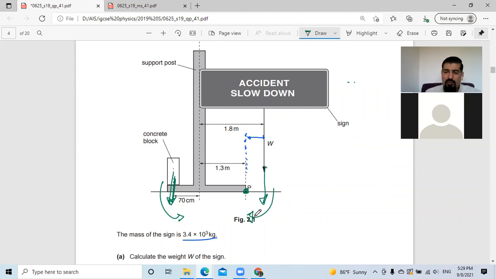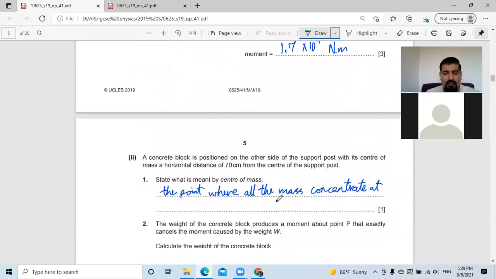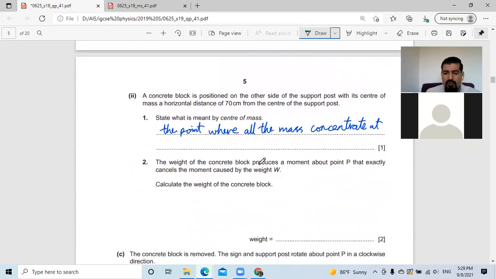Clockwise. So the clockwise moment that we just found and the anticlockwise moment from the concrete block have to cancel out each other, or one of them must be greater, according to what the question tells us. They haven't told us yet. What they say is: the weight of the concrete produces a moment that exactly cancels the moment caused by the weight. Calculate the weight of the block.